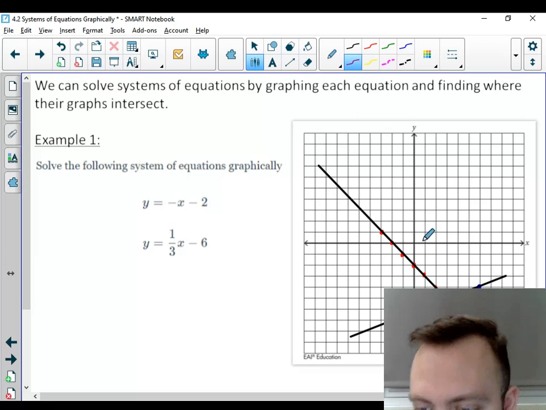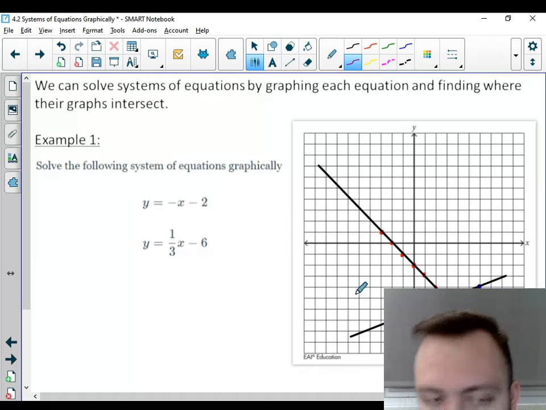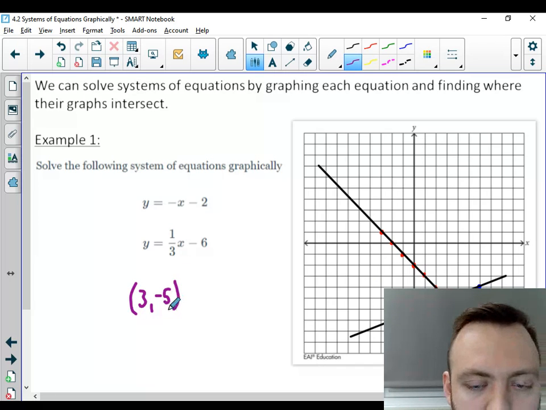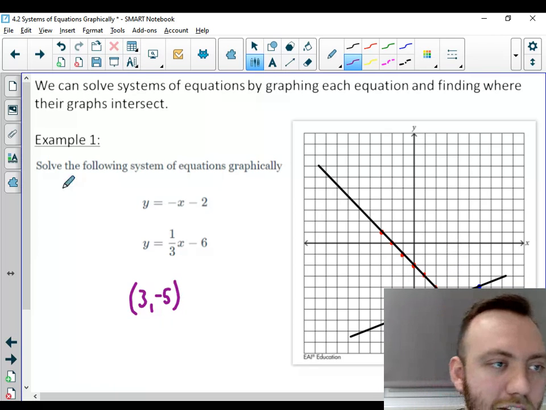And we can just count 1, 2, 3, x equals 3, and y is negative 1, 2, 3, 4, 5. So our answer is 3, negative 5, because that's our x value and then our y value, where they intersect.